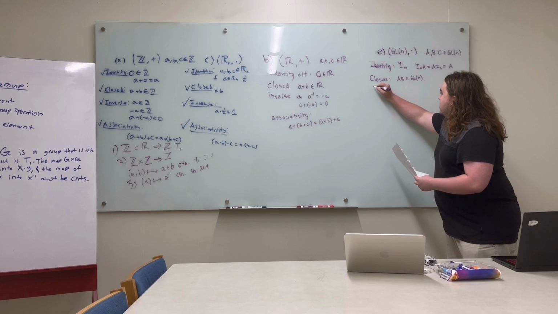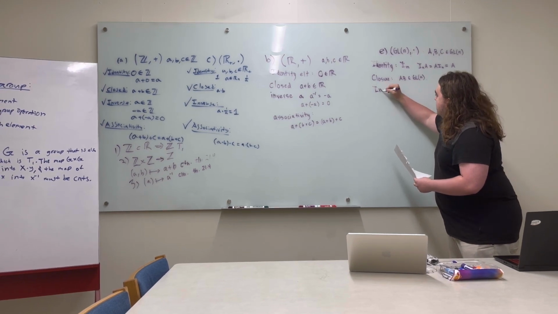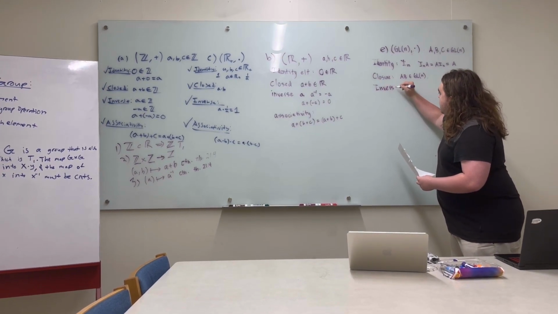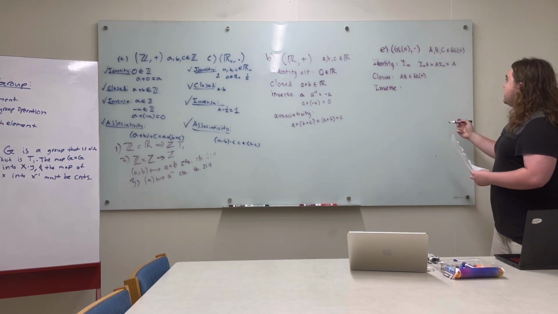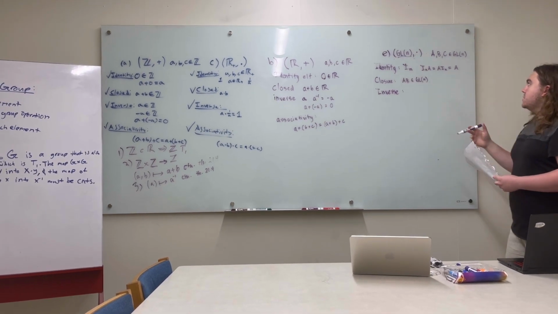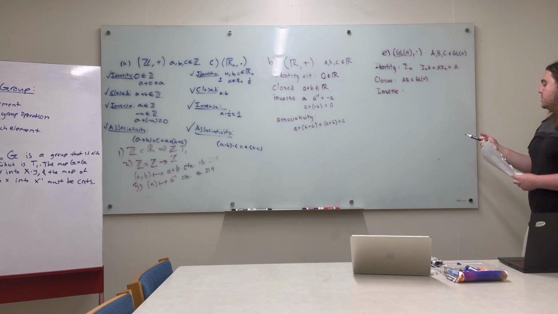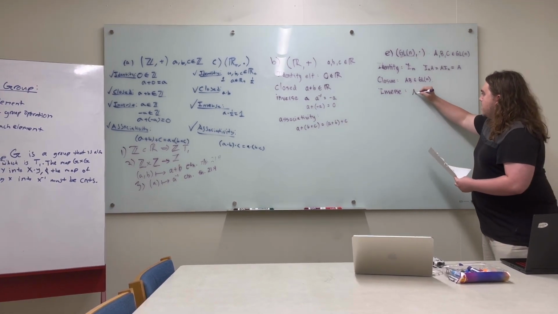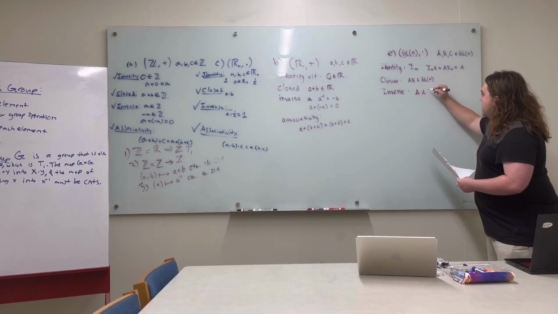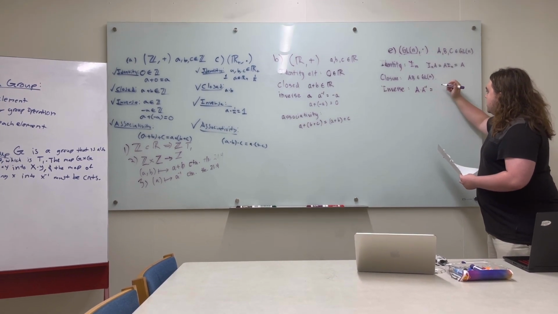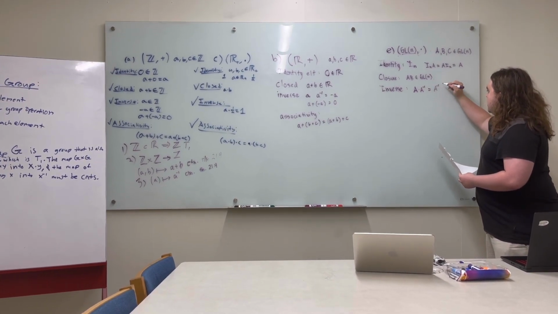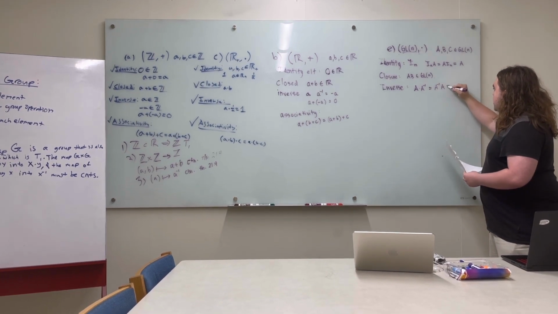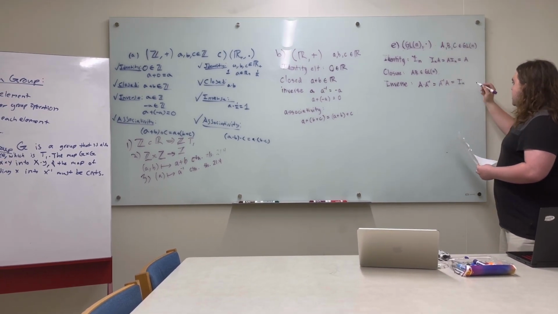Next, we need inverse, which is rather easy. By definition, the matrices in GLN are non-singular, so their inverse exists. So we know that A times A inverse is equal to A inverse times A is equal to I_n.